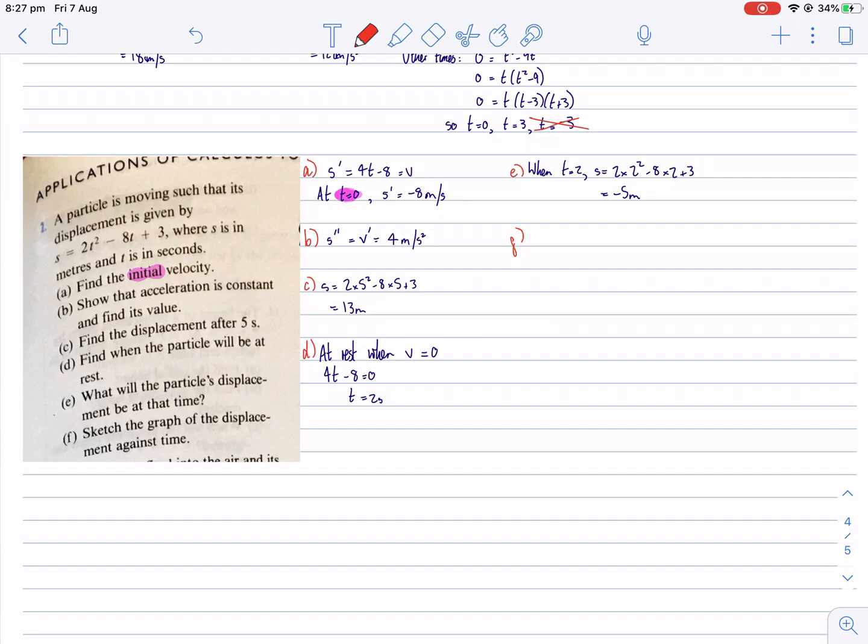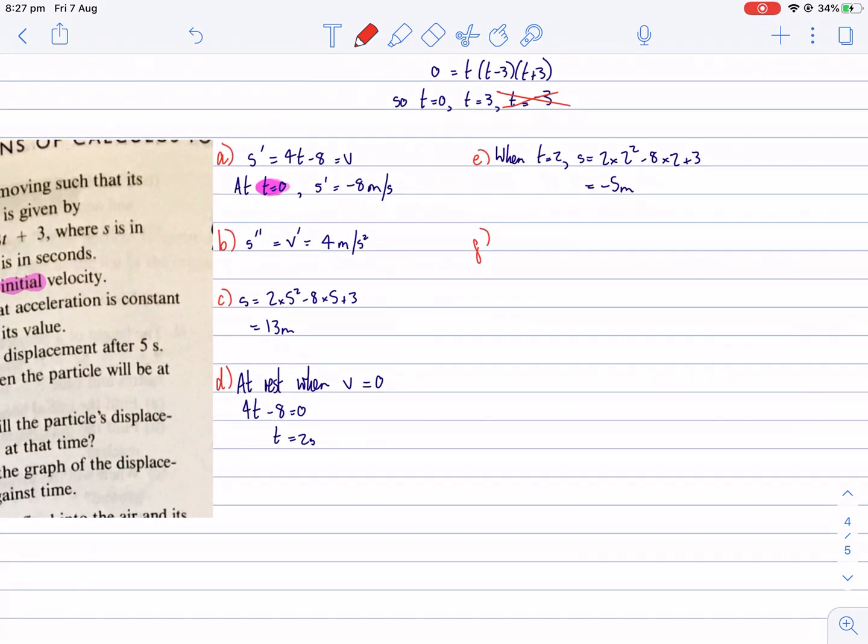F, do I really want to sketch this? So we're sketching s equals 2t squared, take 8t plus 3. Y-intercept, t equals 0, so y equals 3.